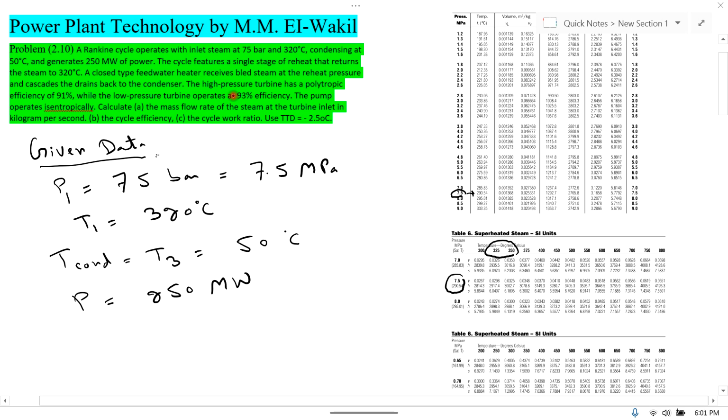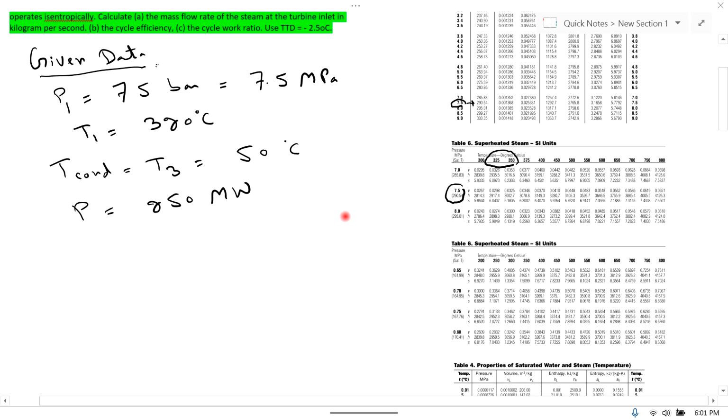The cycle features a single stage of reheat that returns the steam to the reheating temperature. There is first expansion in the turbine, and then after expansion we reheat it. There is a single reheat stage in the turbine.